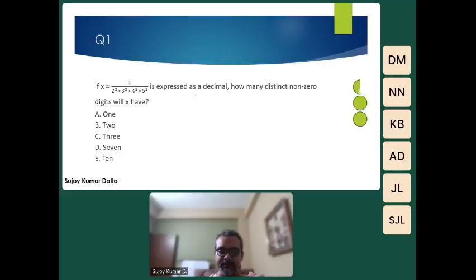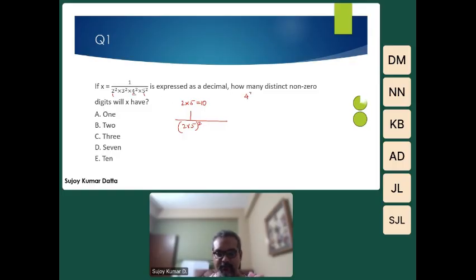So we use a slightly different strategy here. Whenever you combine 2 and 5, that gets you 10, right? So that's the principle we'll be using. I get 2 times 5 squared, that's there. Then I have 4 squared.